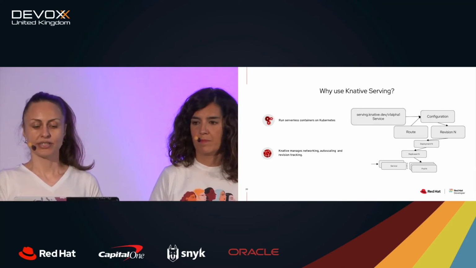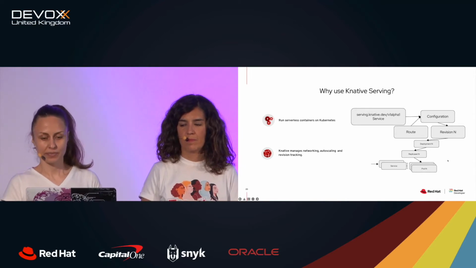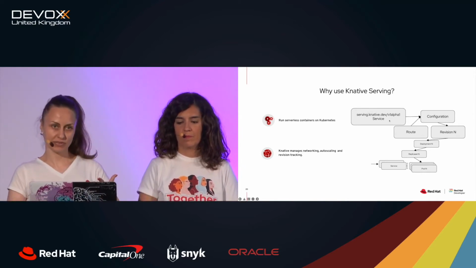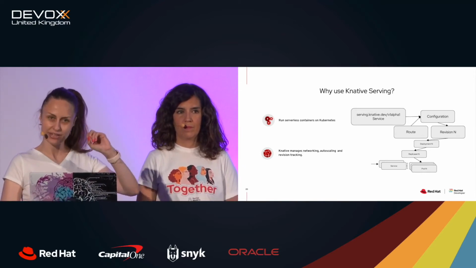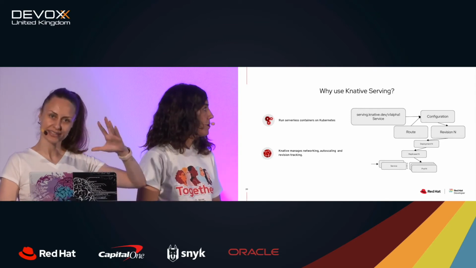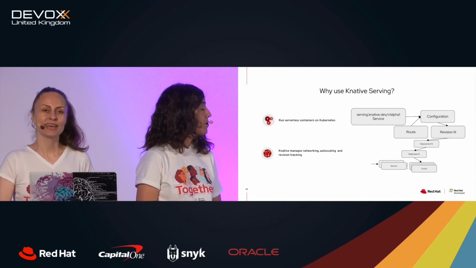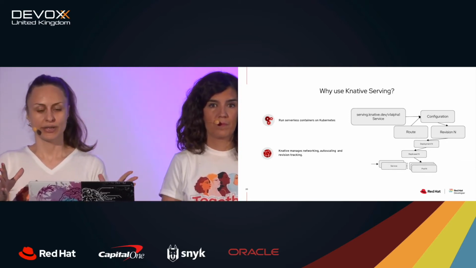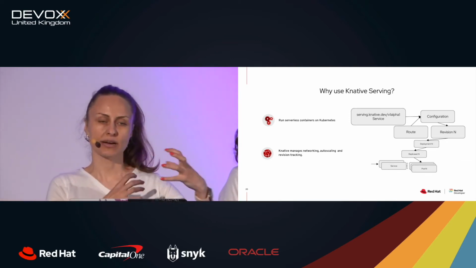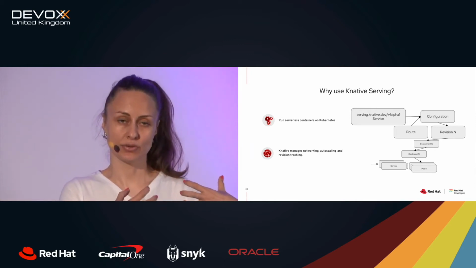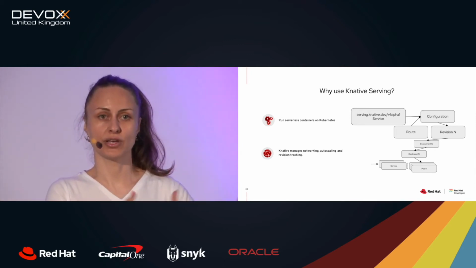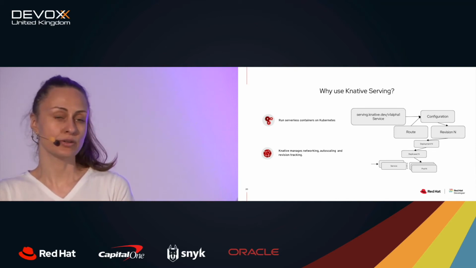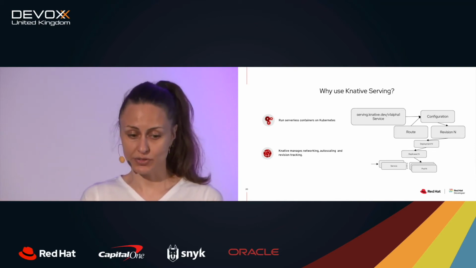You can run serverless containers in Kubernetes, and by using Knative services, which belong to a slightly different API than the regular Kubernetes service APIs, you can control the configuration, the revisions of your deployment, the routes, and how you're going to manage the access to those deployments. You can do blue-green deployments and canary releases thanks to Knative serving.